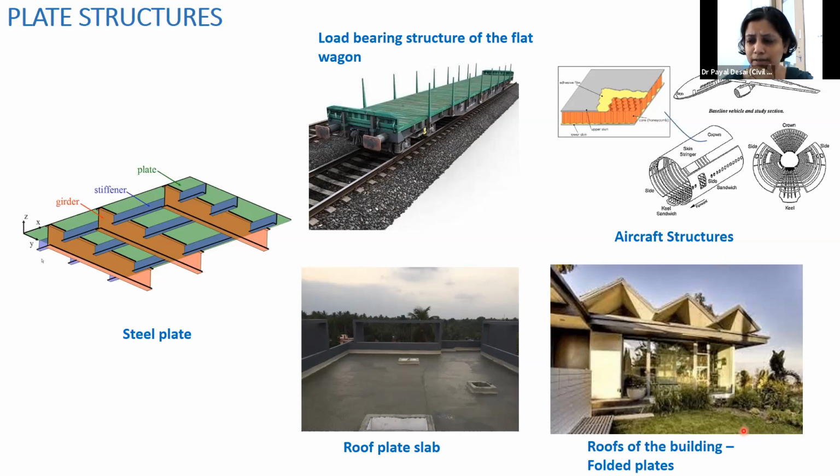Then you can see the roofs of the building, that is folded plate. And then any RCC slab can be called a plate, as long as the thickness is small compared to the other dimensions. Of course, slabs are designed for bending and that can be called one of the plates.